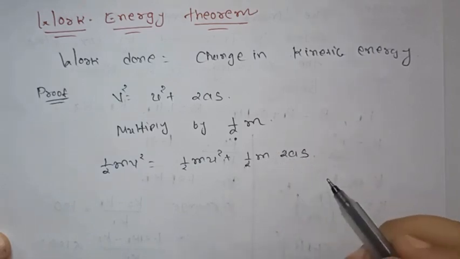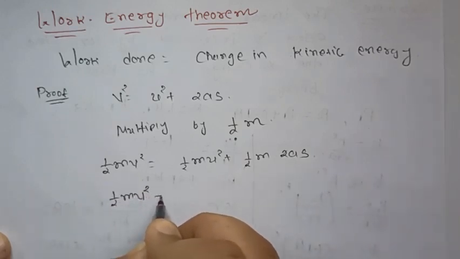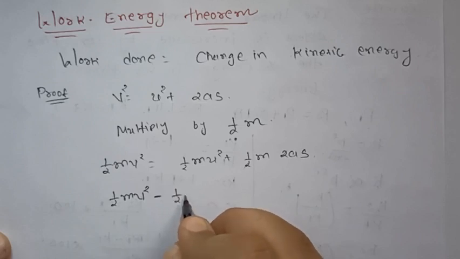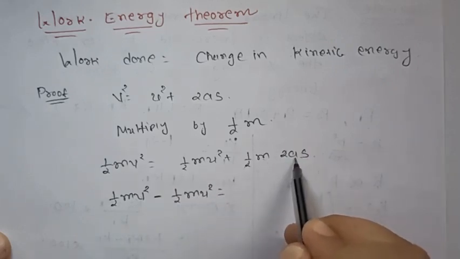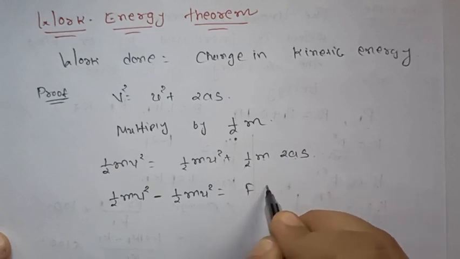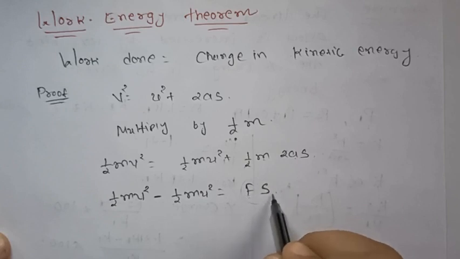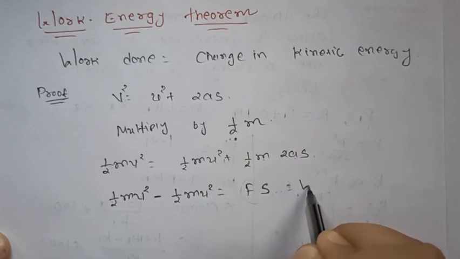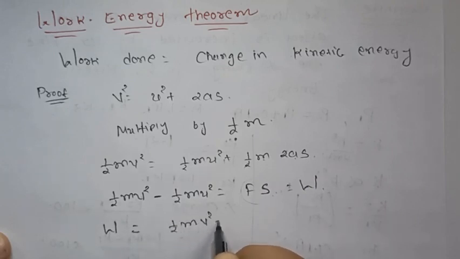This 2 will get cancelled out, so we will get half m v square minus half m u square is equal to mass into acceleration, which is force, so F into s. But we know that force into displacement is equal to work done. So we can write work done is equal to half m v square minus half m u square.